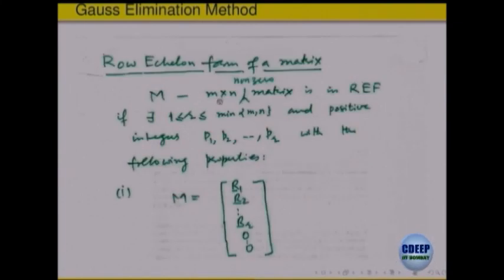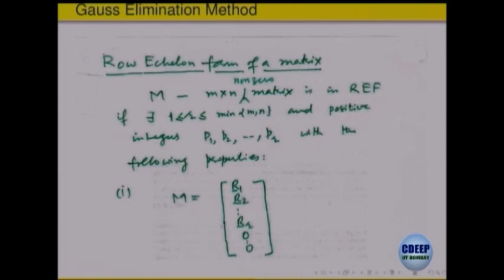For a non-zero m cross n matrix, there is a number r. Why does this have to be between 1 and the minimum of m and n? Because r rows are non-zero, r has to be less than or equal to m, the number of rows. But the non-zero entry is going to come in a column, so r also has to be less than or equal to the number of columns.